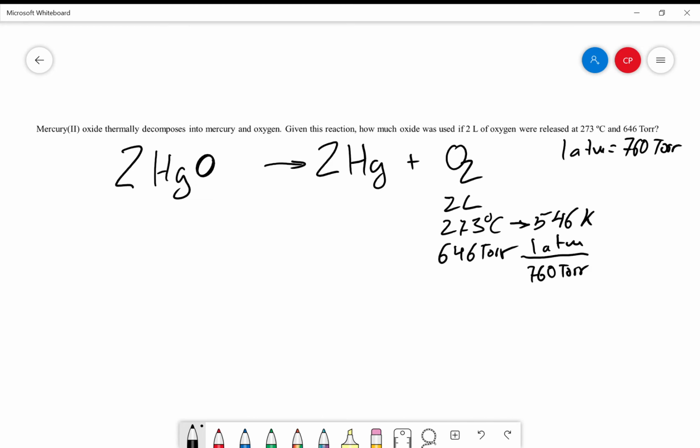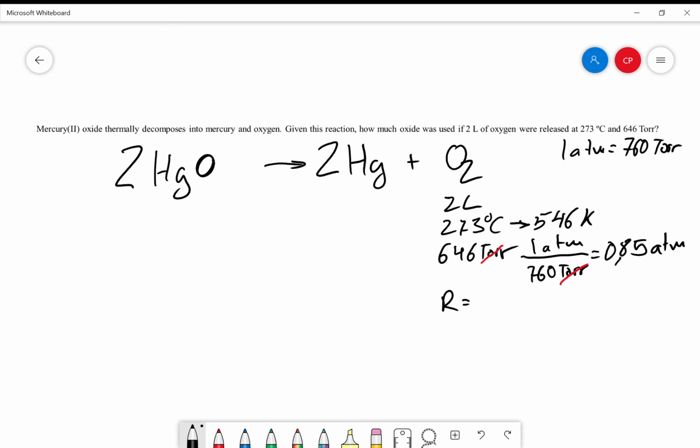In this way, we can make the torr and the torr disappear, and the final pressure will be 0.85 atmospheres.